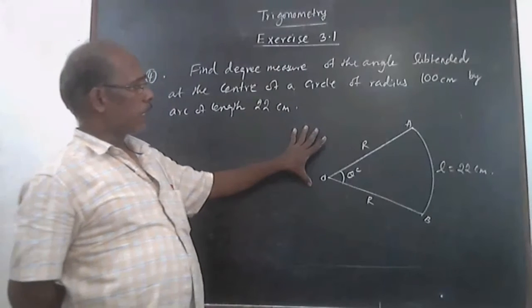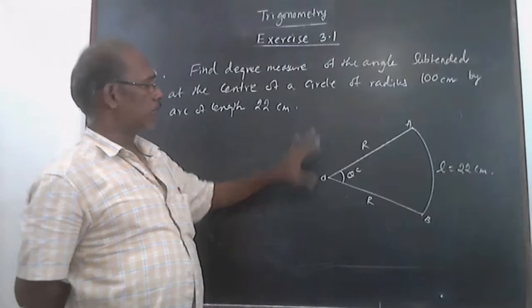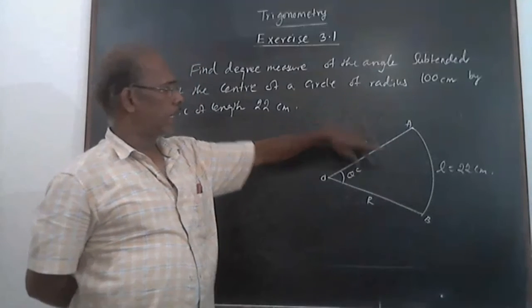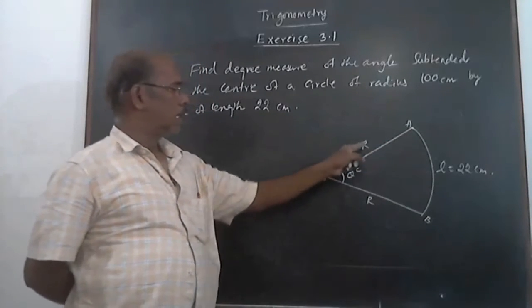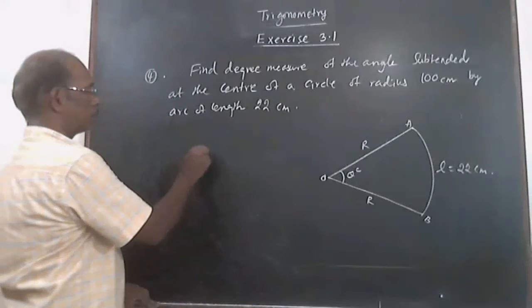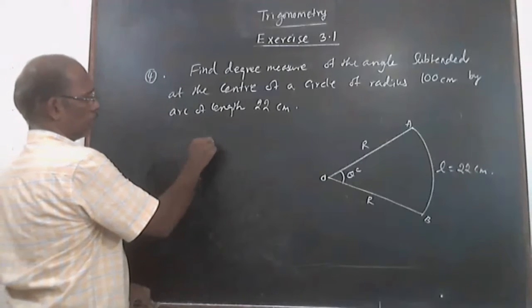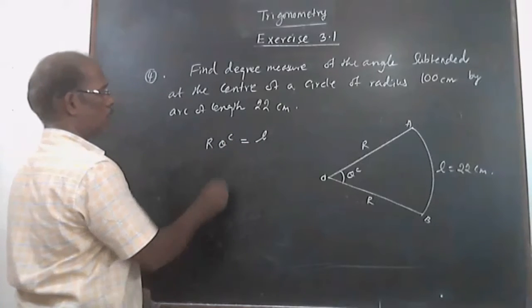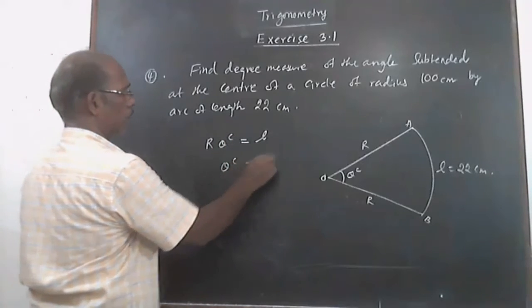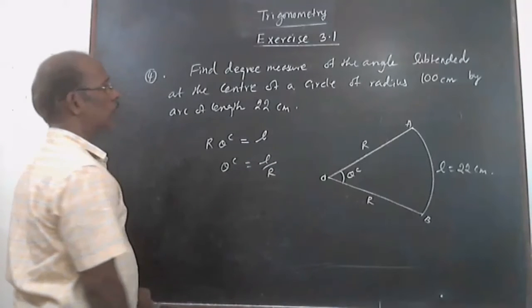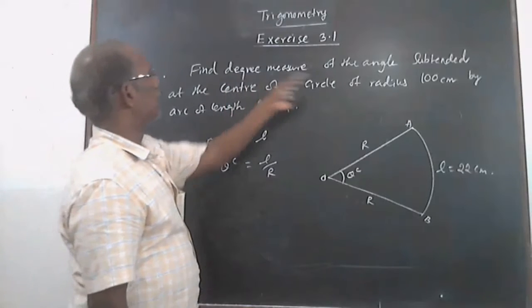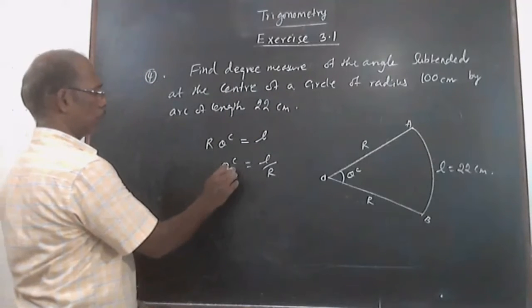Which relation connects the central angle or subtended angle, radius and arc length? R into theta in radian is equal to L. Then theta in radian equals L by R.